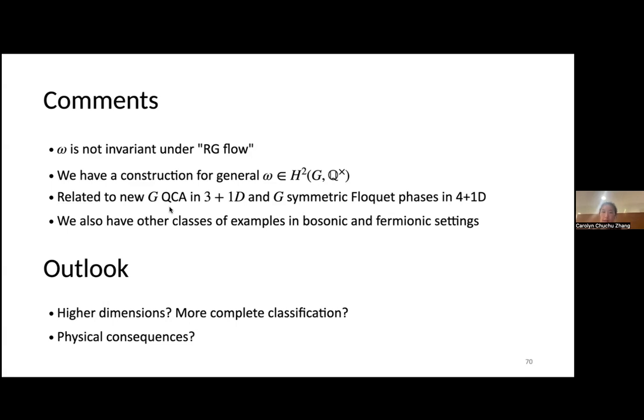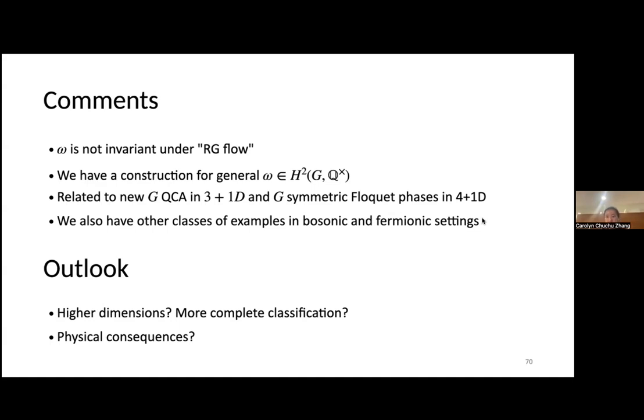But you can also ask what's the classification of G-symmetric locality preserving unitaries modulo G-symmetric finite depth quantum circuit, G-symmetric circuit meaning a circuit built out of G-symmetric gates. And there's a close relationship between G protected or G-symmetric QCA and these non-onsiteable symmetries in one lower dimension. In fact, you can also go even higher dimension to a related G-symmetric Floquet phase in 4 plus 1D. I can say more words about all those things, but we also have constructions of these that haven't really been found in the literature before.